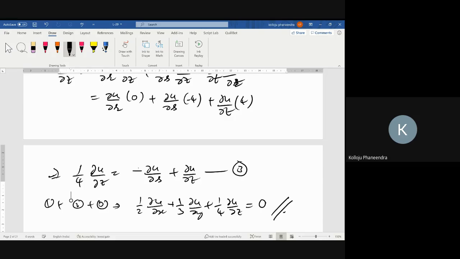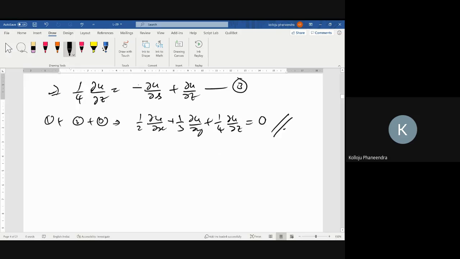Next problem. Yeah, take this. See this problem.